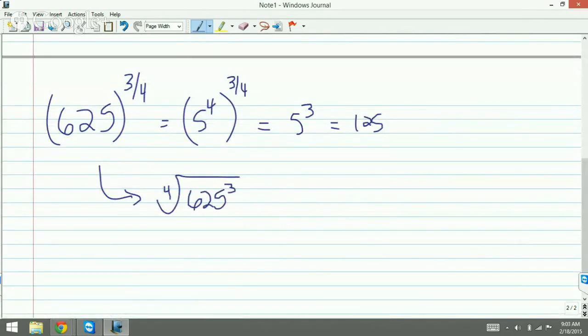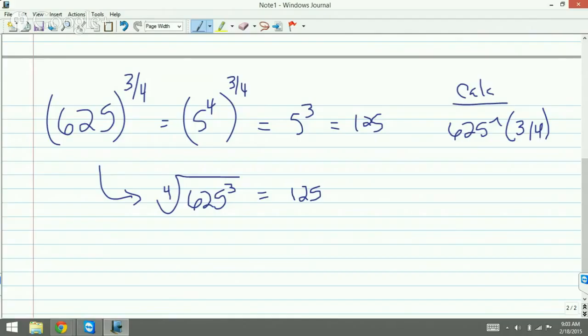Yeah, you can do that. 625 to the third and then the fourth root of that. Do you know how to do fourth root on your calculators? If you don't have one, go get one. You have to hit 4, math, and go find the x root. So on the calculator, okay, there's one method: 625 to the 3/4.